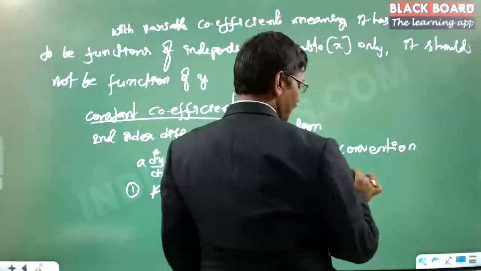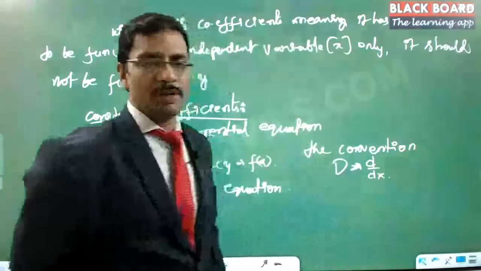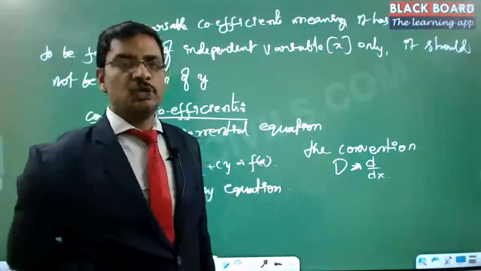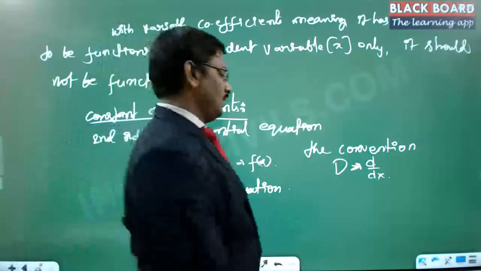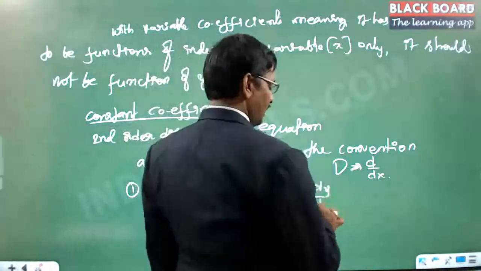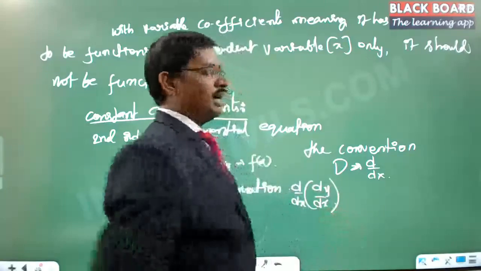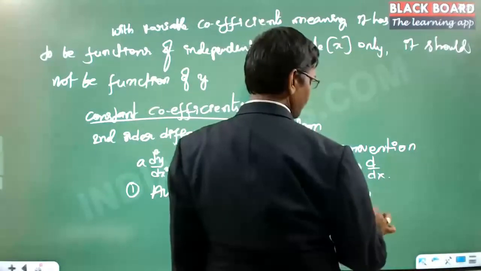So the convention is, capital D is used to represent d by dx. So wherever we want to operate the derivative d by dx, we just replace it with D. So if I want to operate twice, I want to operate dy by dx, and again dy by dx on this. And this is exactly, in our standard convention, what we call d square y by dx square.